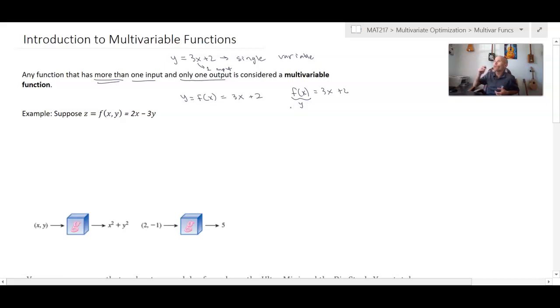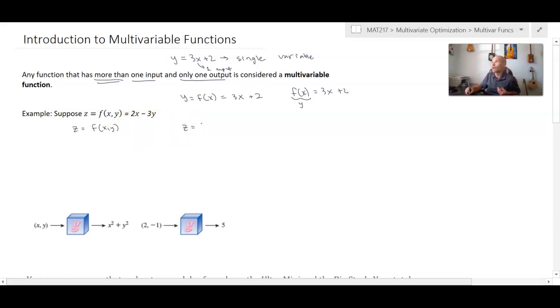So when we incorporate more than one input variable, like in this example, z is equal to f of x and y, you can see the only difference is that now we're going to have more than one input separated by commas as the argument into this function. So z, this variable z, its value is a function of 2 inputs, x and y, and we can write that function in one of 2 ways.